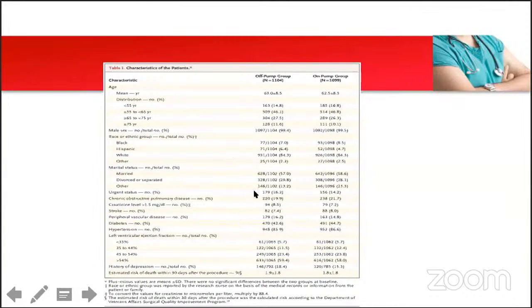And nearly half of them were diabetic, and majority of them were hypertensive. And if we looked at the ejection fraction, nearly 58% had an ejection fraction of more than 54%, and around 23% having ejection fraction of 45 to 54%.